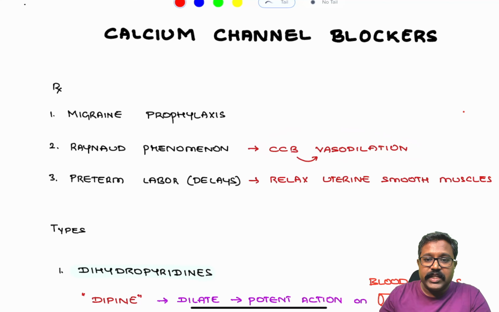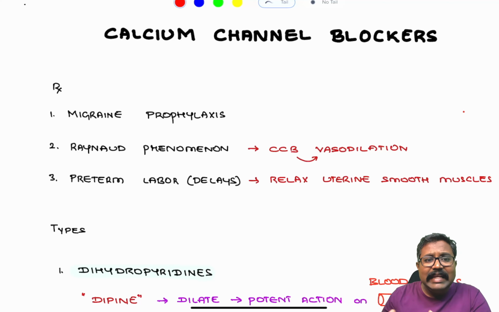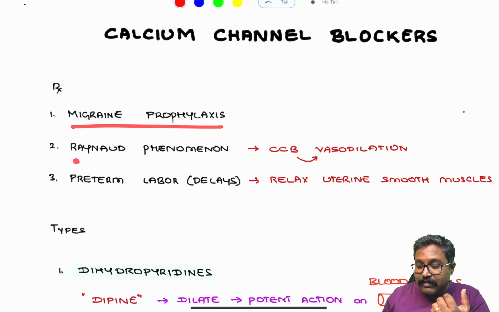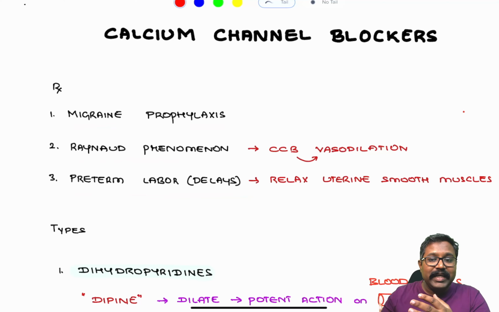By doing vasodilation, they give relief in Raynaud's phenomenon. They are also used for relaxation of the uterine smooth muscles, where you can delay preterm labor. So it can be used in migraine prophylaxis, Raynaud's phenomenon, as well as preterm labor, thereby delaying preterm labor by relaxing the uterine smooth muscles.